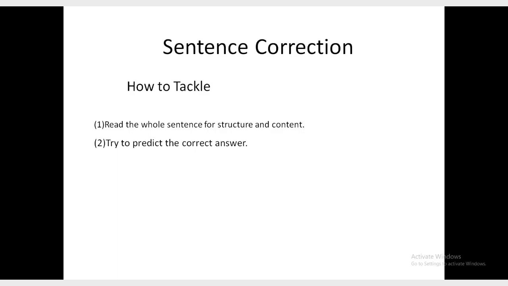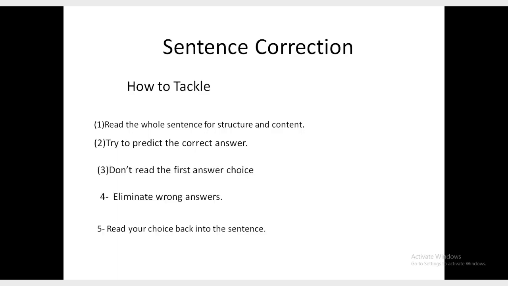So I make a prediction here: this is correct, and this is incorrect. I am supposed to say Mary has, so while I look through the choices, most probably I have to search for the answer that contains the verb has. We will clarify this through many examples.